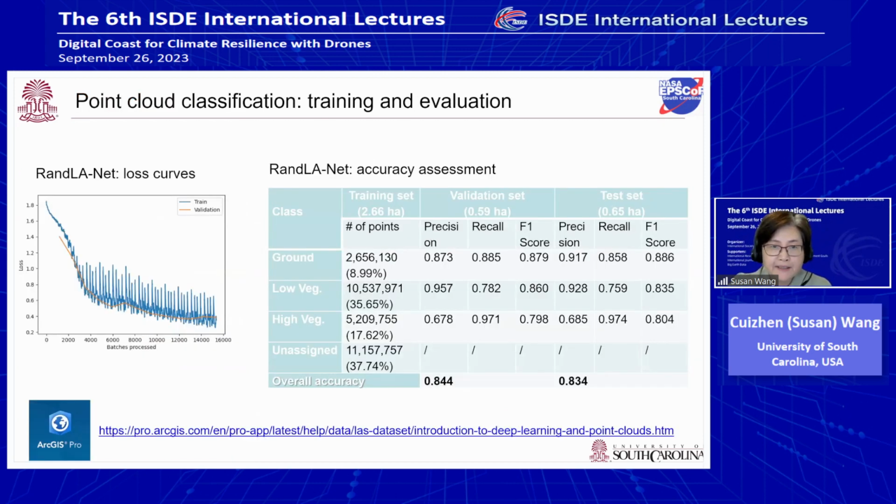Training, we follow the standard procedure. I recall David mentioned right now the research is really multi-disciplinary and interdisciplinary. So deep learning models have been available in multiple places. We are using ArcGIS Pro here and take advantage.